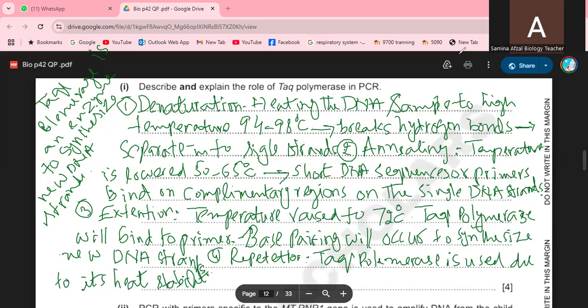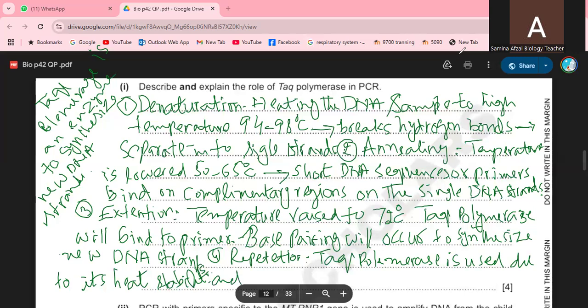So the Taq polymerase can bear the high temperature. So it has adapted for this high temperature. This adaptation allows Taq polymerase to withstand the repeated heating and cooling cycles of PCR without denaturation.